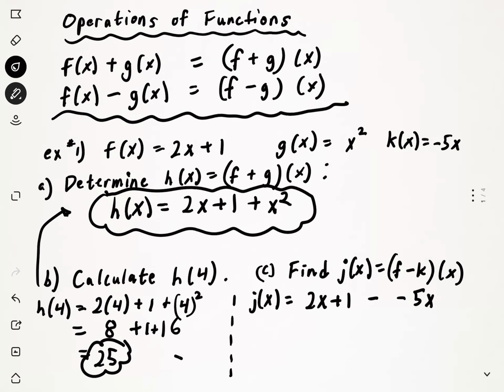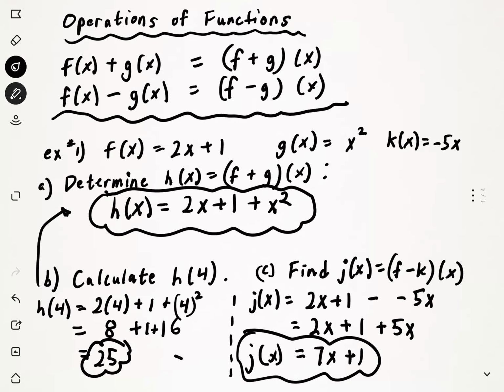Okay, we have two negatives together. I can make that a plus. And then I can also collect some like terms here. So you can see that the 5x and the 2x I can add together to give me 7x. And you can see right here that we've solved for a function, j of x. So we're just adding and subtracting functions, and in some cases, evaluating at specific x values.